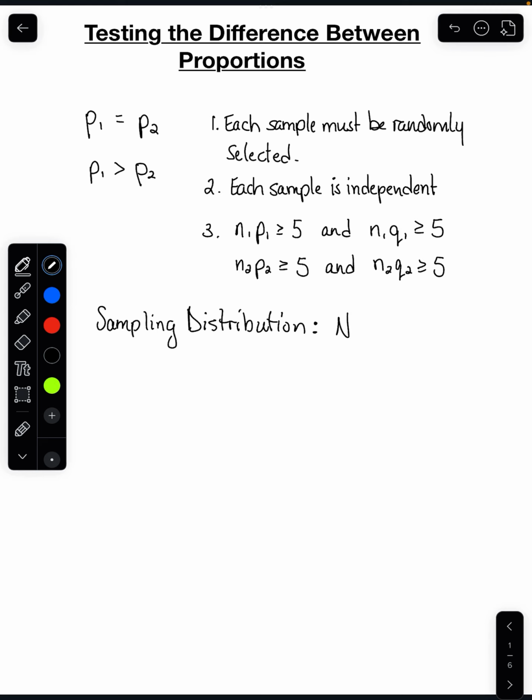It will be normal with a mean that comes from the difference between the two sample populations or sample proportions, and a standard deviation of the difference between the sample proportions.